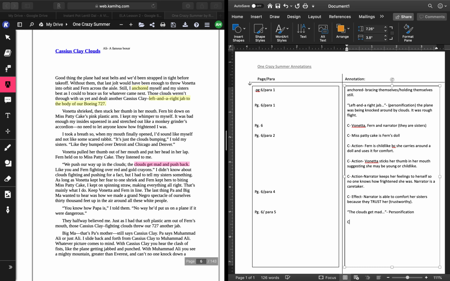So this, again, is a character trait. It's also a motivation. Like, why is she doing this? Well, because she needs to make sure that they're okay. This is what she was told to do by Big Ma and Pa. So we're going to put this as her thoughts. For T, she thinks her job is to keep her sisters in line.